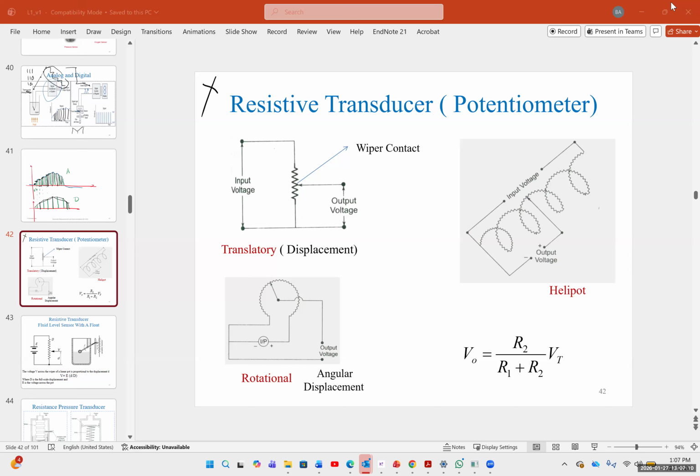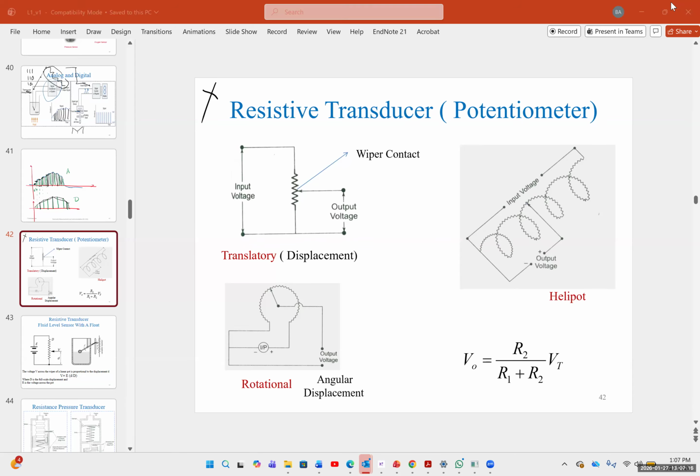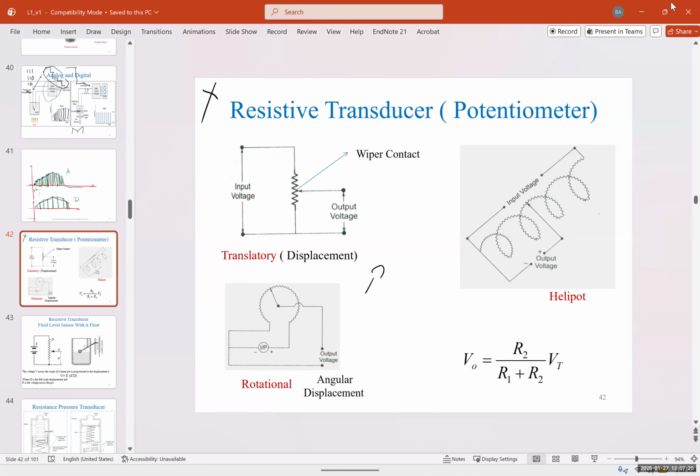We know that for a resistor, and I already mentioned this, the resistance R is equal to rho L over A. So the longer the element is, the higher the resistance.